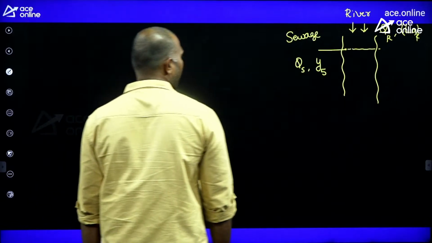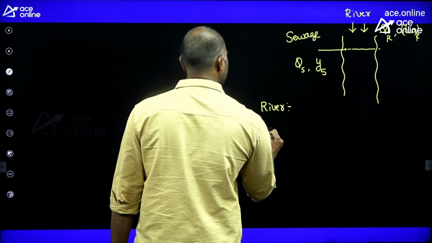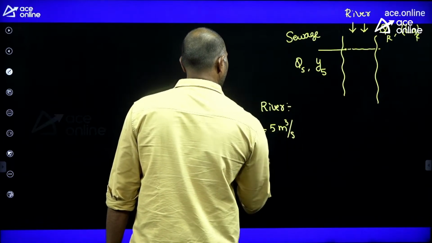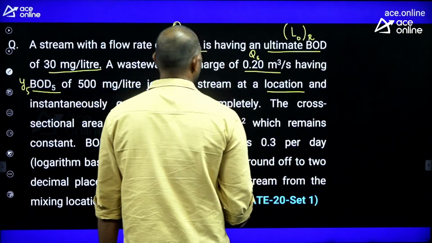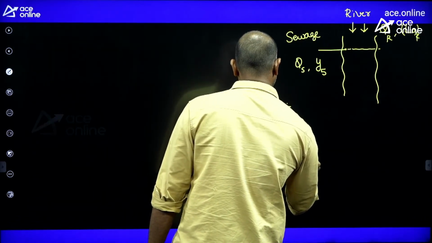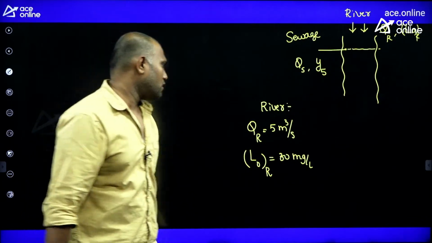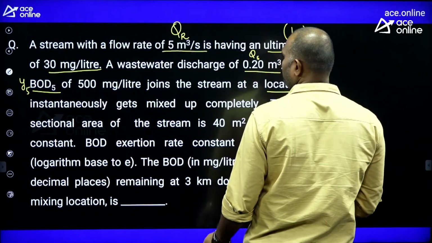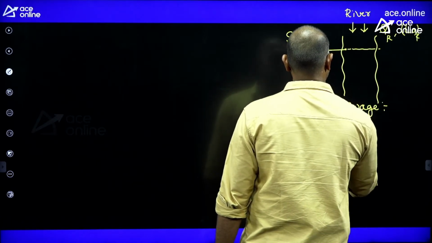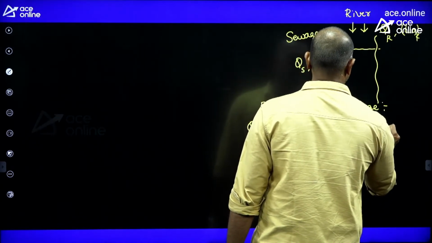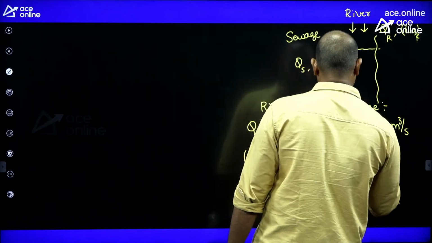Now if I write down the data: river QR is 5 meter cube per second, ultimate BOD of R is 30 mg per liter. Obviously in the river it is less; the river does not have much pollution, organic matter would be less. Whereas the stream of wastewater, which is nothing but sewage, has a very small flow rate, 0.2 meter cube per second, but they have given the 5-day BOD as 500 mg per liter.